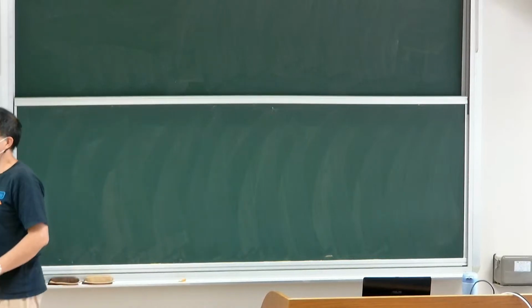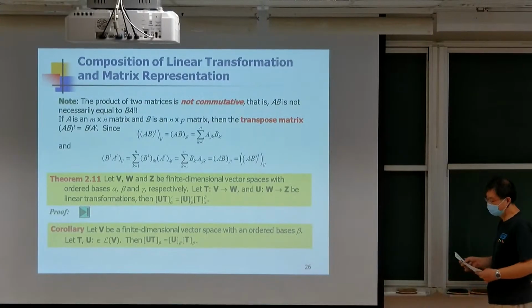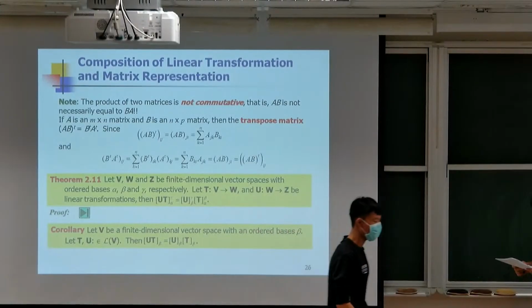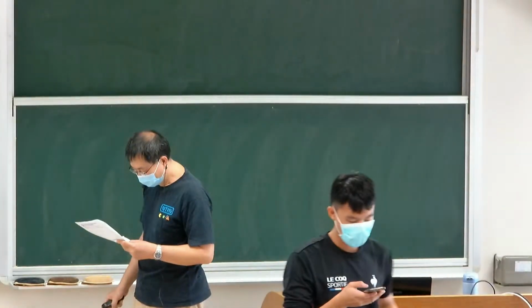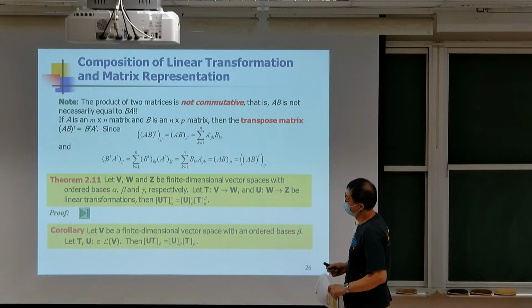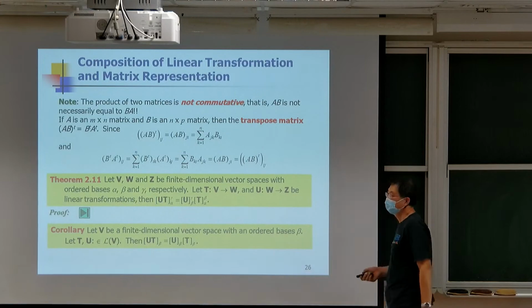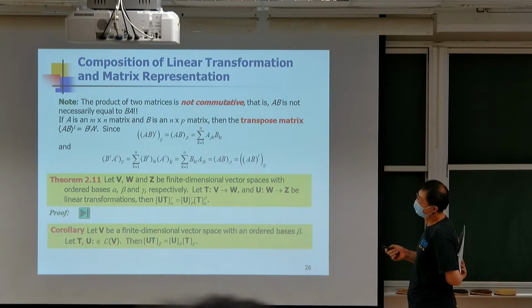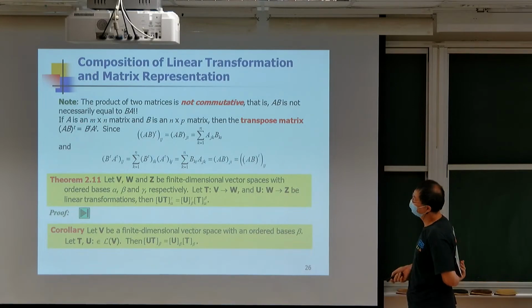Okay, so the next fact we want to discuss is that if A is an m by n matrix and B is an n by p matrix, so we have the product of A and B is defined.